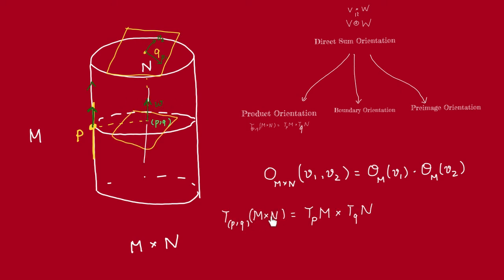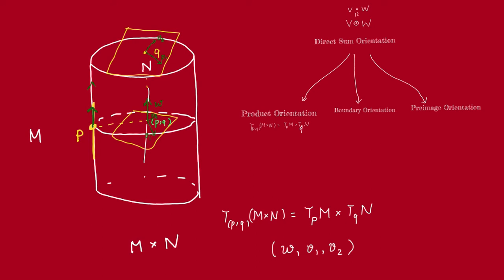And recall that we can think of this tangent space as a product of the tangent space to M at P with the tangent space to N at Q. So let W correspond to the orientation on this tangent space T_P M, and then on the copy of the tangent space to N at Q, we also have a copy of V1 and V2. Under this identification, we then see that an induced orientation is going to be given by W, V1, V2. Observe that the order of M and N matters here.